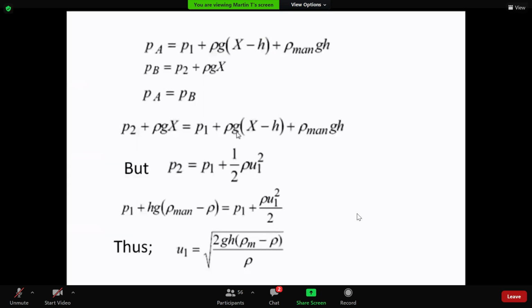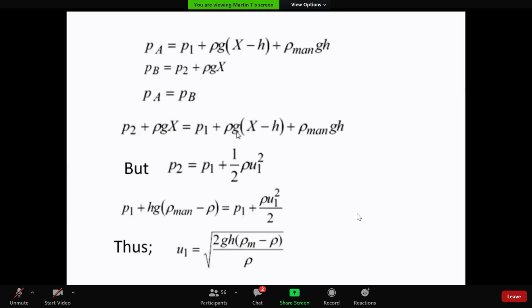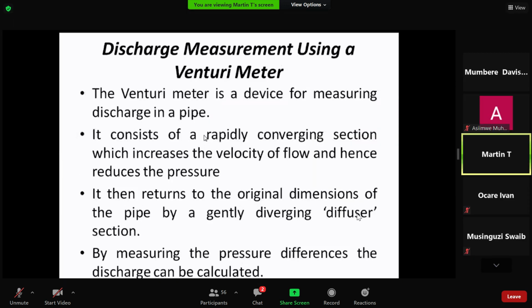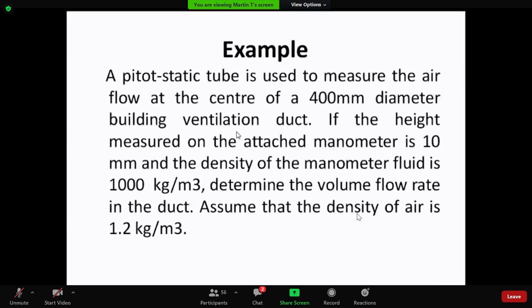Now the one who said he wants to see how I've done it: even if I don't calculate anything, I just substitute in the formula with 2gh. H was given in this question.